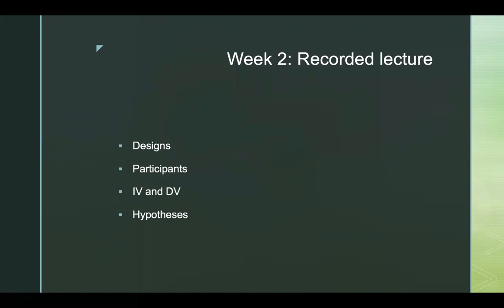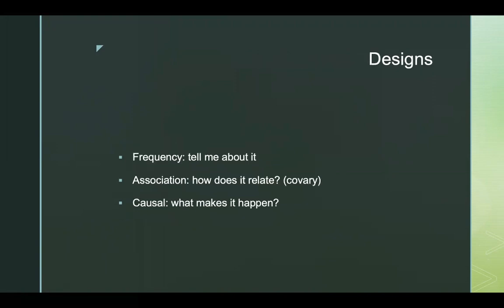All right. So there are three major groups of design types. This is something that you'll have to remember throughout the course, and you'll see this over and over again. There are frequency designs, association designs, and causal designs.